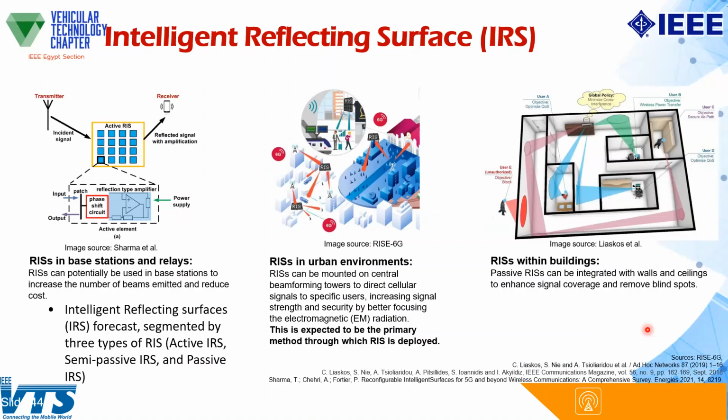The hybrid one is a combination of the passive and active ones. From the deployment scenario, we have three: outside, inside, and indoor. All of these need to be investigated, and much research is being done nowadays in order to achieve optimal performance by introducing such intelligent reflecting surfaces.